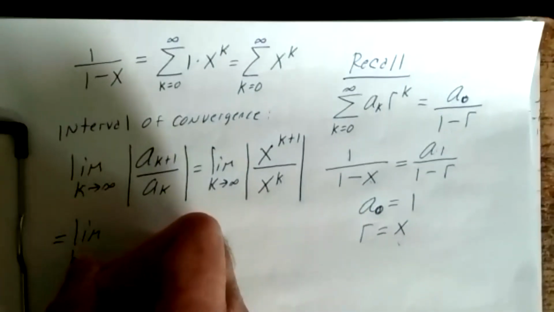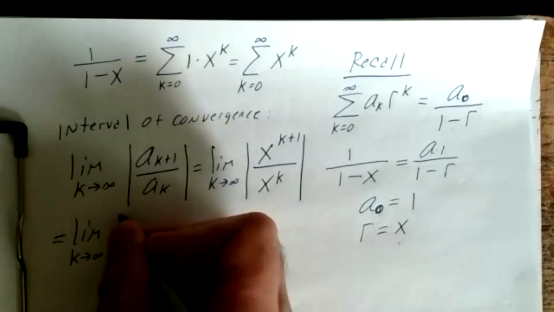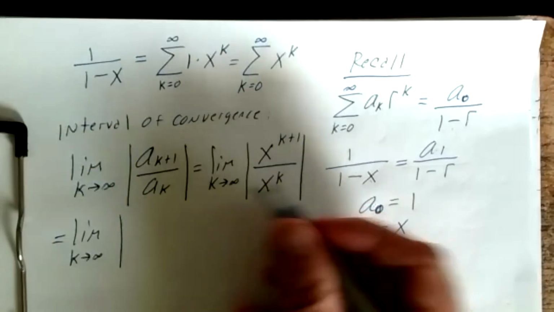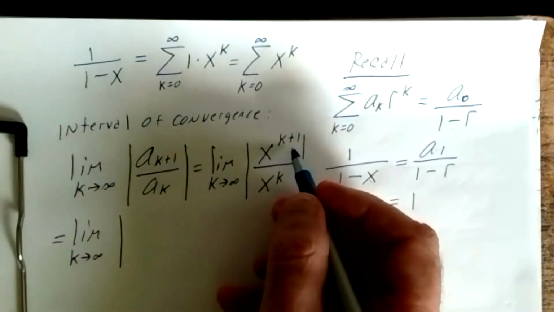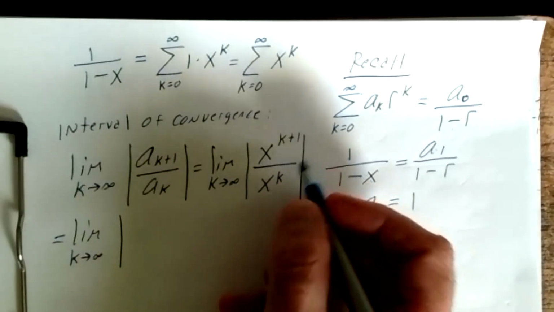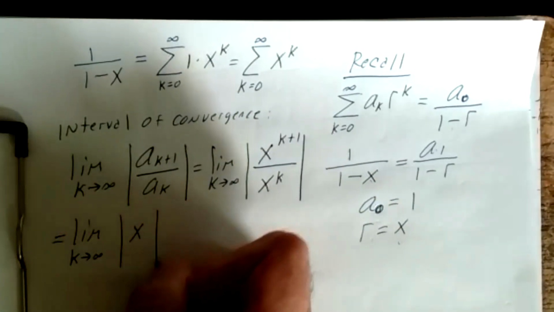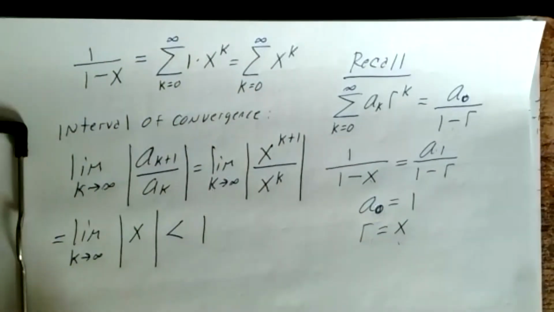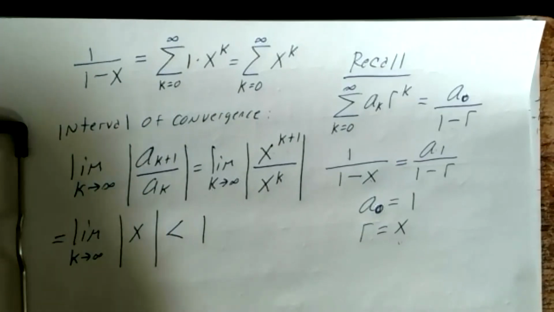Now we have one more factor of x in the numerator than we do in the denominator. So when we divide these like bases, we subtract k from k plus 1, and we're left with just x. And we must insist that this be less than 1. Do you agree? This must be less than 1 for our power series to be convergent.